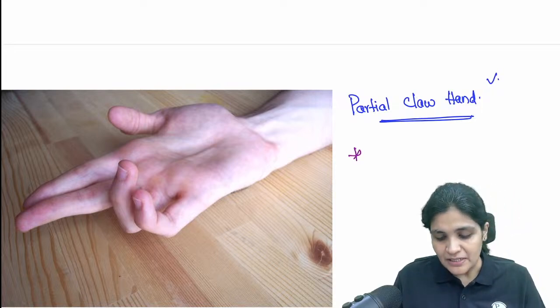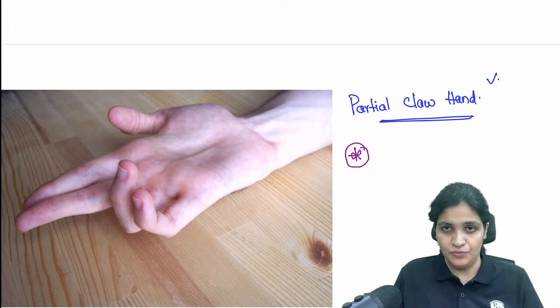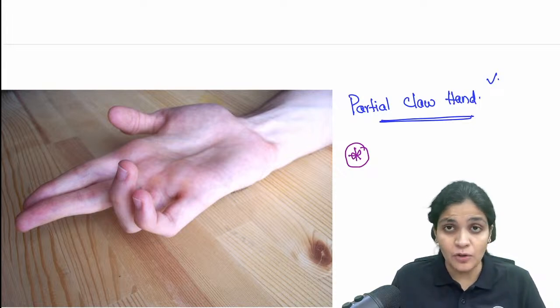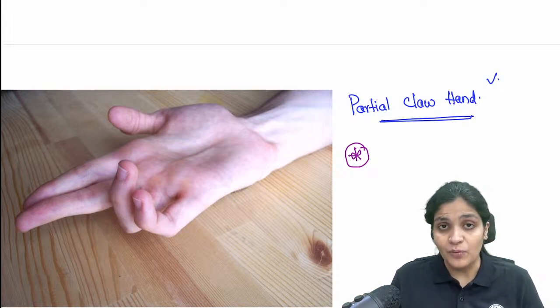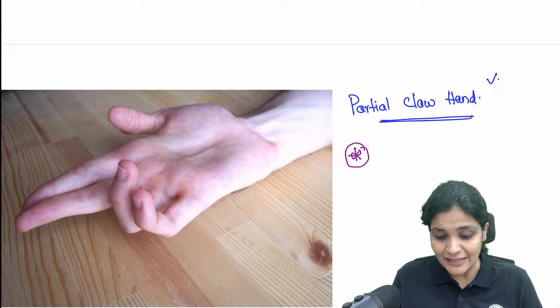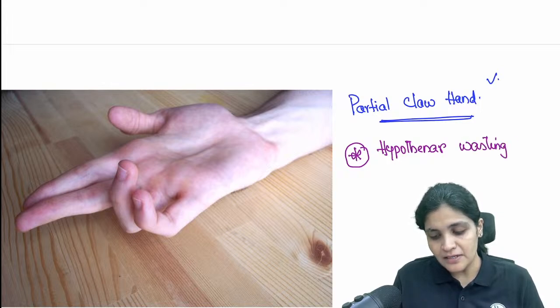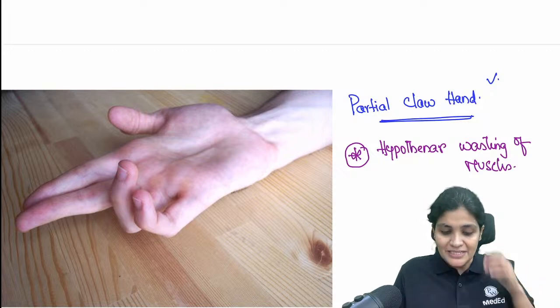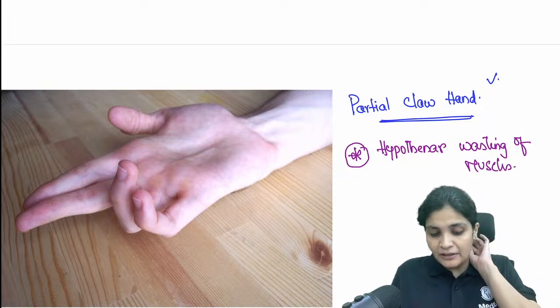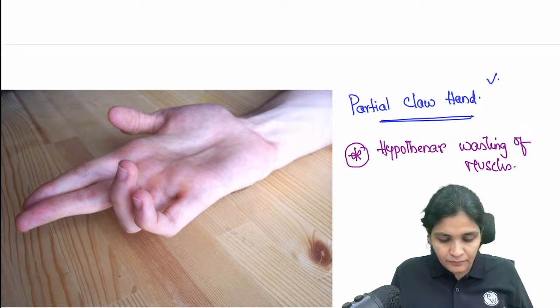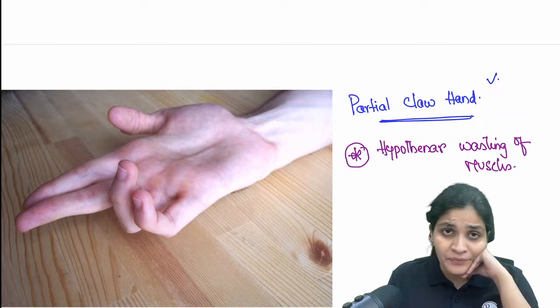So what else can you see? Once this patient has come to you, for example, on the deformity, you will write claw hand. And now you will write wasting of the muscles. You can see there is hypothenar wasting of the muscles, right? This is what I have told you, the pro forma. Once you see, then you will look for the skin; it may look a little dry also, right?